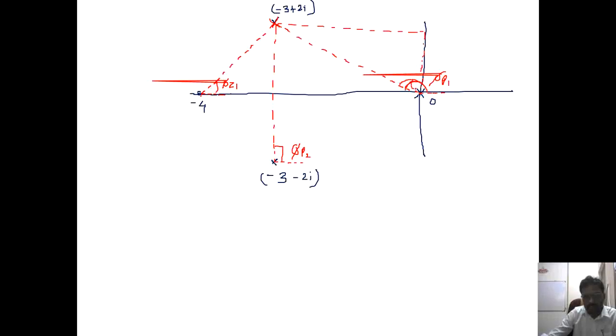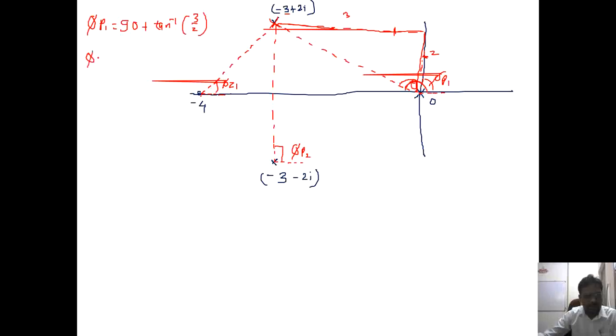For that angle, construct this triangle, and only this angle, suppose theta is opposite by adjacent. Opposite is, this side is 3 and this side is 2. So phi p1 is equal to, this angle is 90 plus, and remaining angle is tan inverse opposite is 3 by 2.